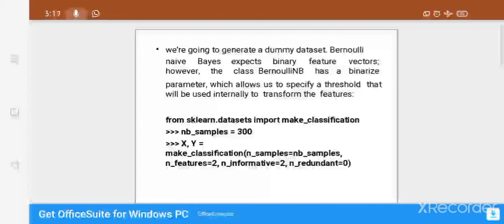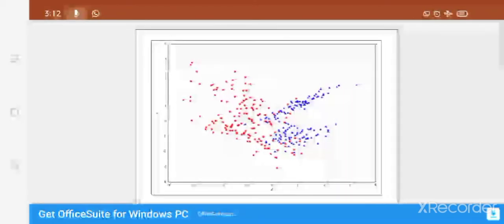We are making a classification by considering 300 samples. So nb_samples equals 300, X, Y equals make_classification with n_samples equals nb_samples, features we are considering 2, informative 2, and redundant 0. So this can be classified like this.